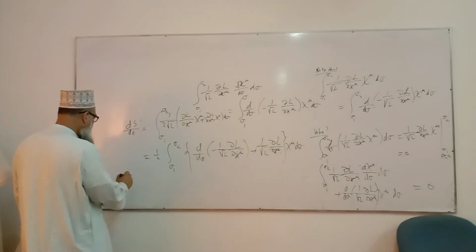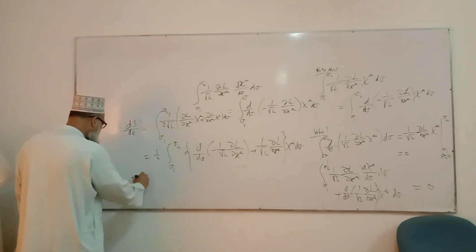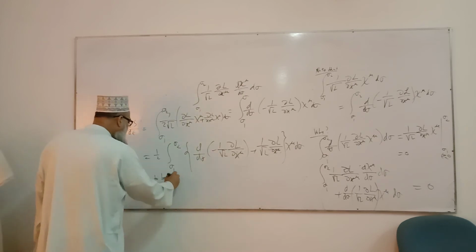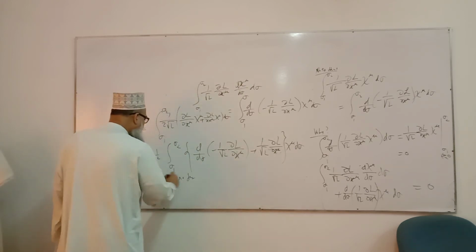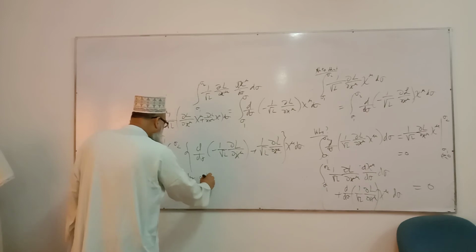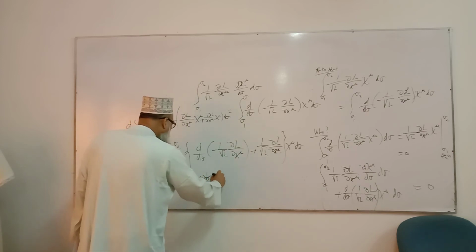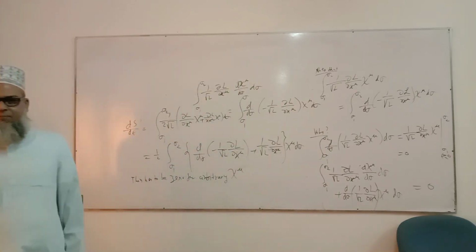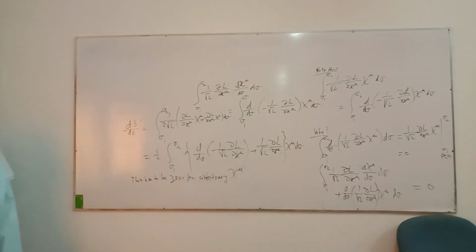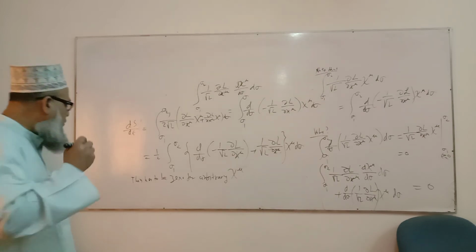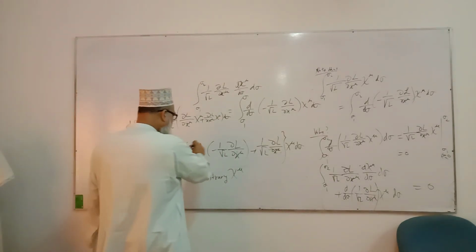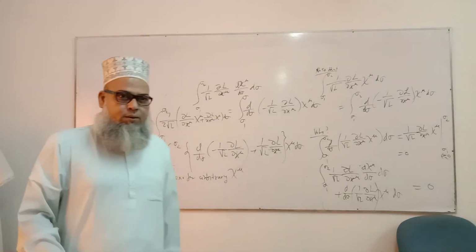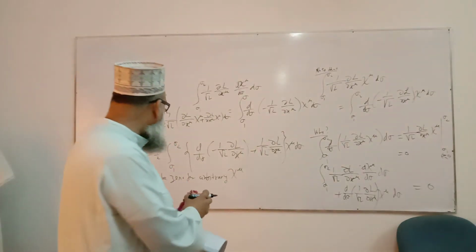This has to be 0 for arbitrary chi. For arbitrary distortion, this has to be 0. So the integrand should be 0.